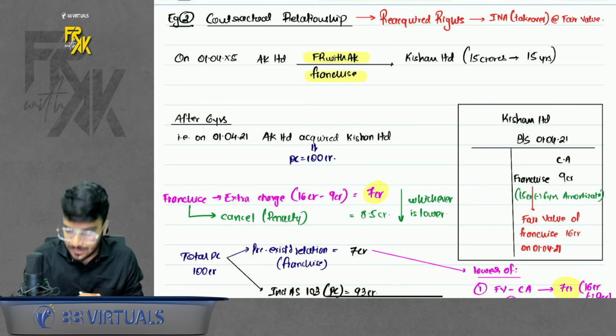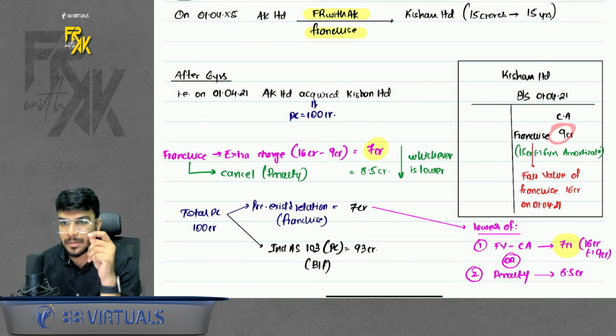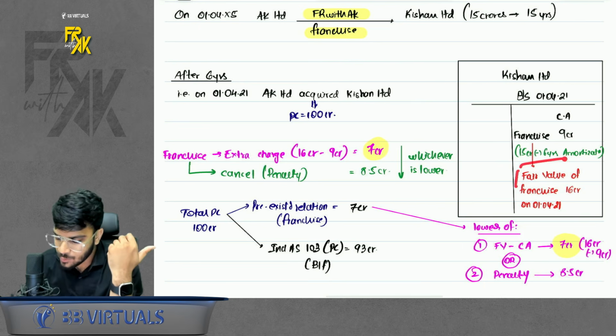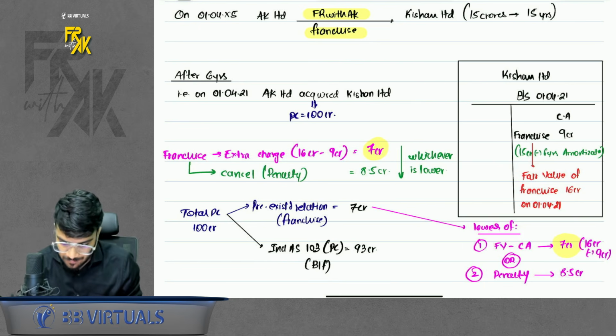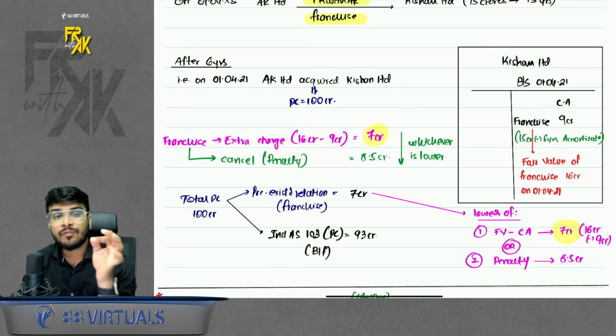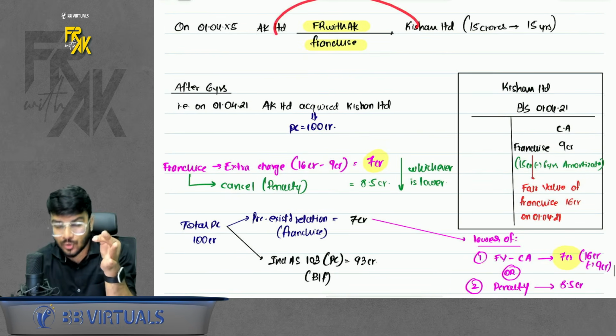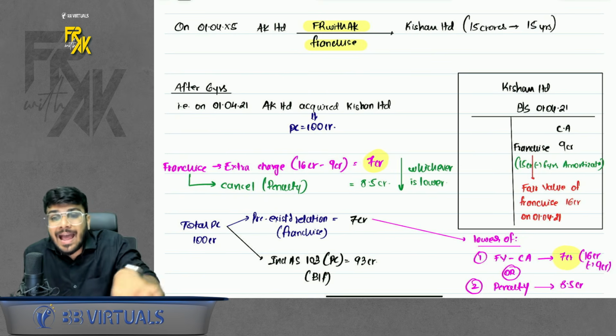So here what is done is, your own franchise has a carrying amount of 9, but you are acquiring it at a fair value of 16. How much excess you are paying for your own franchise? So it will be fair value minus carrying amount, that is 7 CR. Okay, so that means for your own franchise which you had sold, that franchise is coming back to you at a higher value.